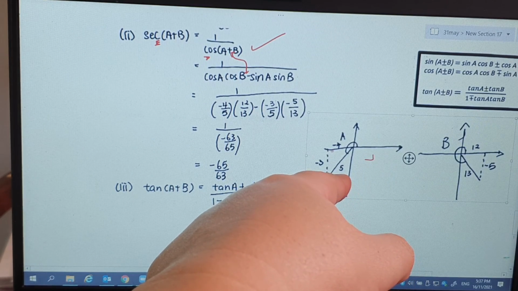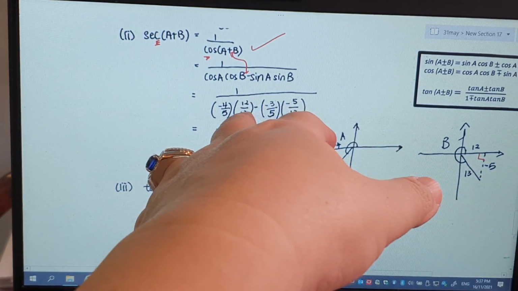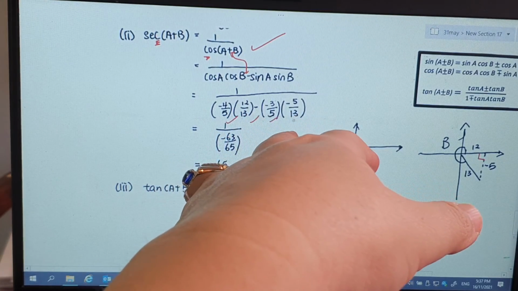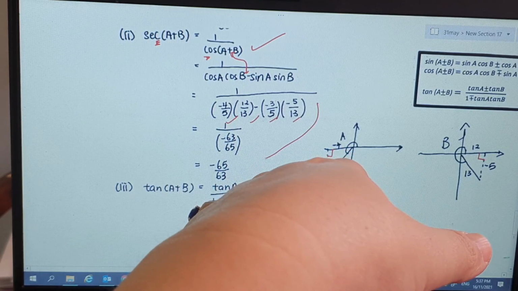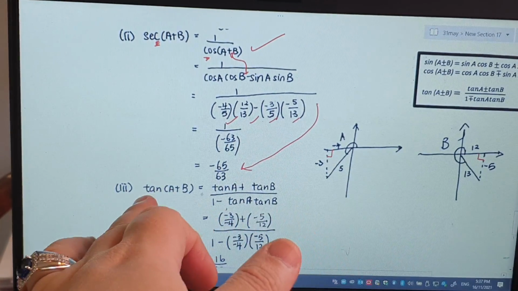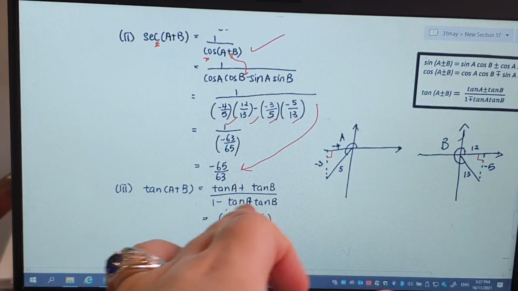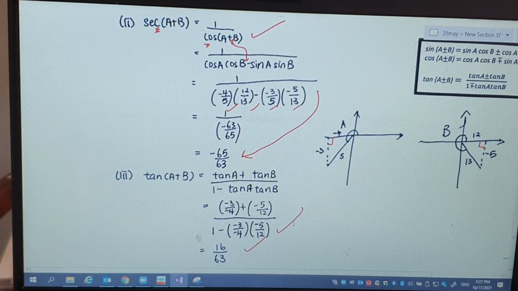Please draw the right angle triangle. And you fill in the blanks, then you press the calculator. No need to show this actually. You straight away press the calculator and come here already. Finish. Now similarly for tangent, tangent A plus B is this one. You change it, finish. So it's very simple. You go and try.